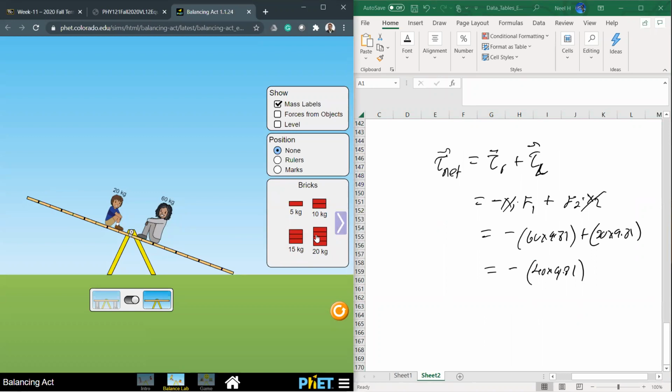We can find the amount of mass needed easily. How to do that? 40 times 9.81, about 392.4. So if I divide that by 9.81, then I can find the amount of mass needed exactly.